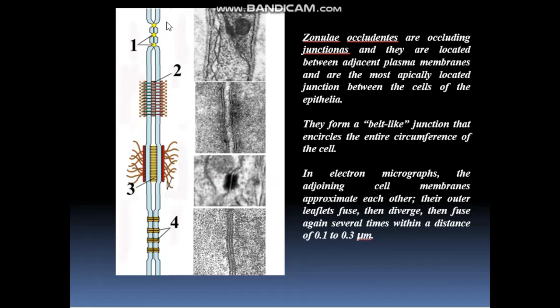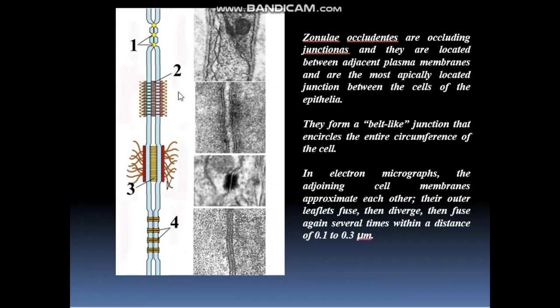If we look at it with freeze fracture electron microscopy, pay attention, fusion strands, linear arrangements of transmembrane proteins, are evident on the P face, and accordingly, linear grooves are present on the E face. That is the occluding junction. Depending on the integrity of the tight junction, several substances will be able to pass through the zonula occludens.